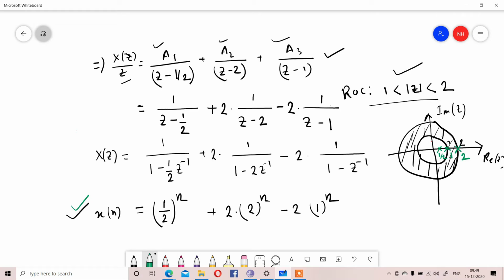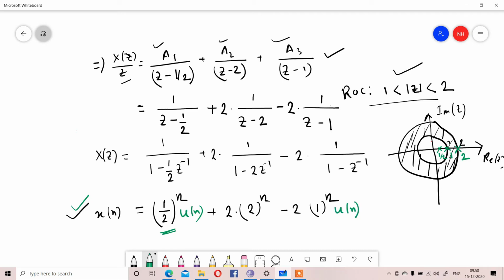For half, the system is causal. For this pole, the system is causal, so it will be u[n]. For 1, it is also causal, so it will also be u[n].